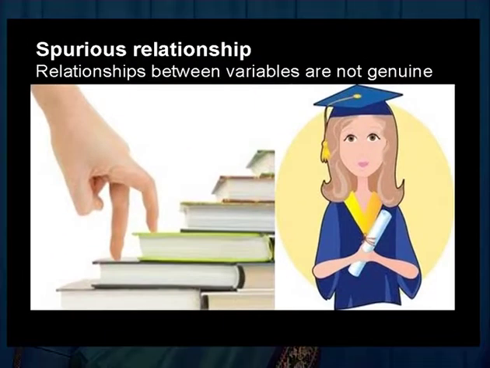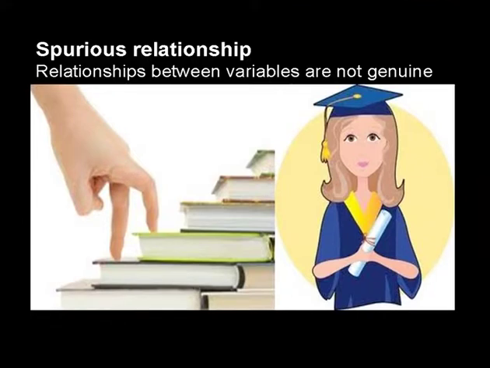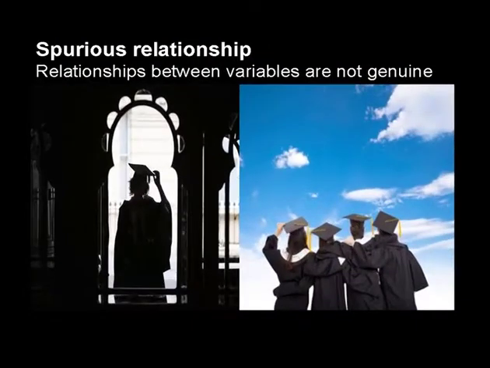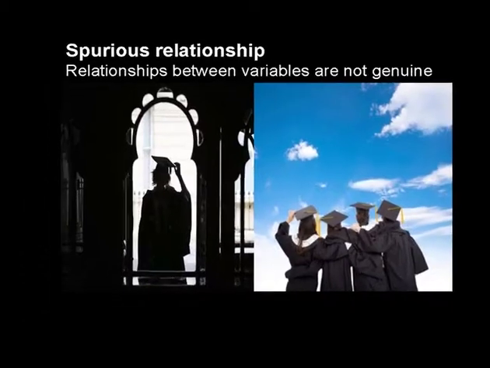Spurious relationship. Sometimes the relationship between two variables is not genuine. For example, getting a PG degree and one's weight are not actually related. It is a spurious relationship.